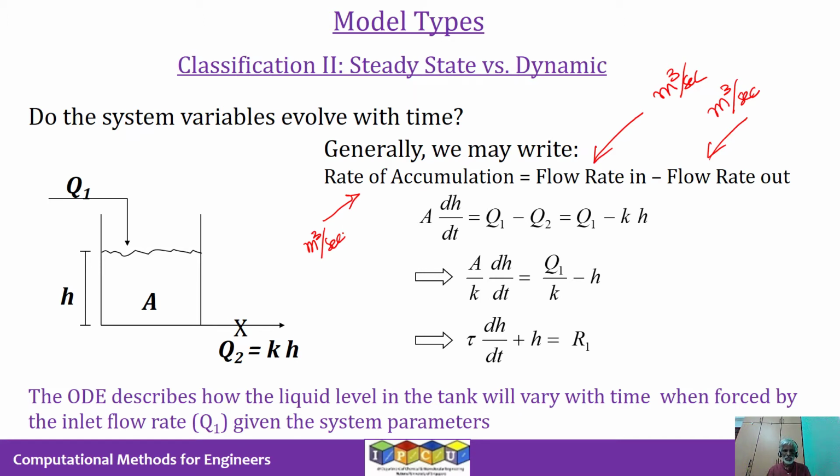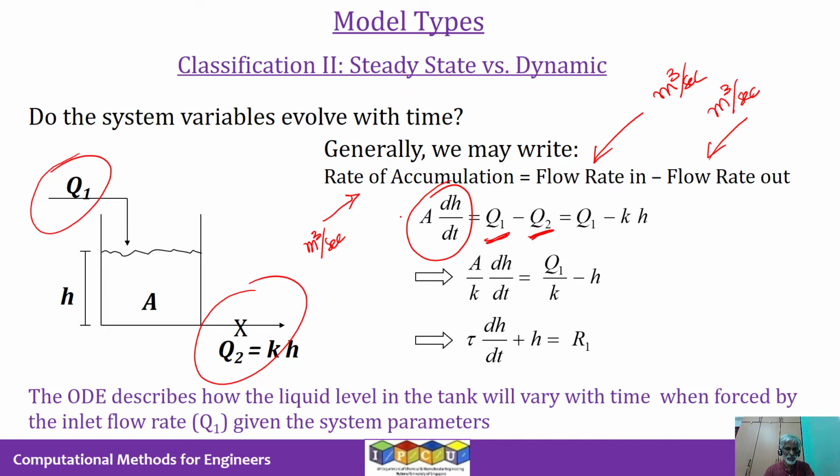So the rate of accumulation of water in this vessel that you see there is equal to the rate of flow into the tank through this Q1 minus the flow rate out through this pipe that's there at the bottom, let's say. So basically we are trying to say the rate of accumulation is equal to Q1 minus Q2, and therefore this is in meter cube per second, this is in meter cube per second, so this should also be in meter cube per second.